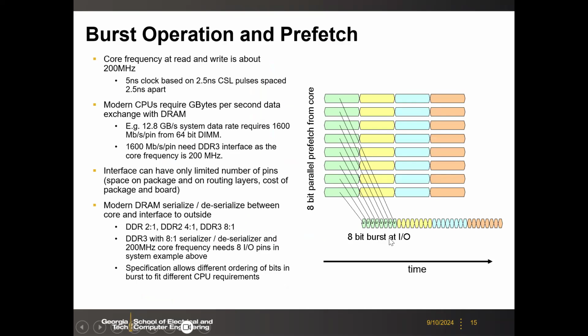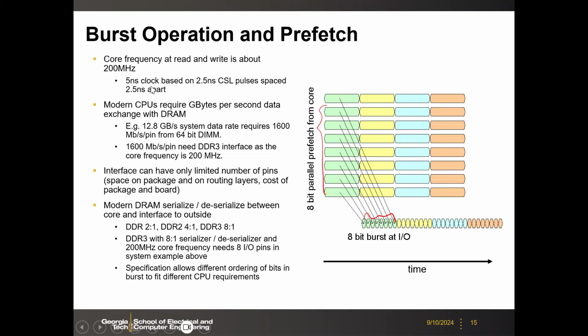So it's a parallel to serial process. This interface is serialized or deserialized between the core and the interface. I skipped the text here, but essentially what we are doing is this: you prefetch more bits, and then you burst out.